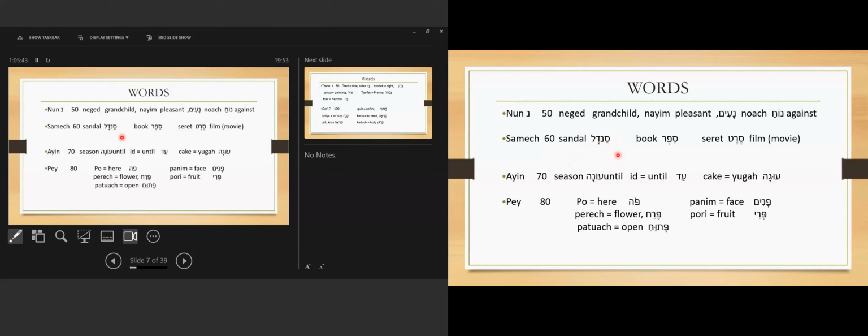Here we've got the B in the word, but we really say yavesh, because there's no dot in the B. It's yavesh, but we write it yabesh. But we know to say yavesh is dry. Okay?